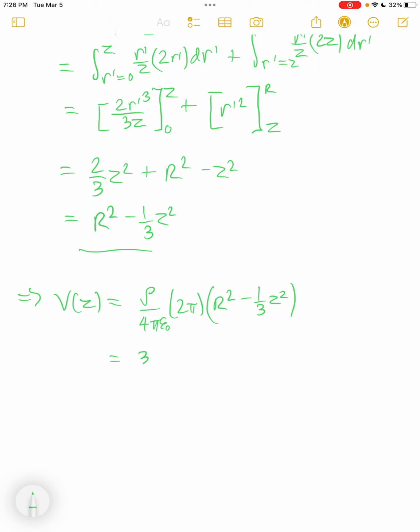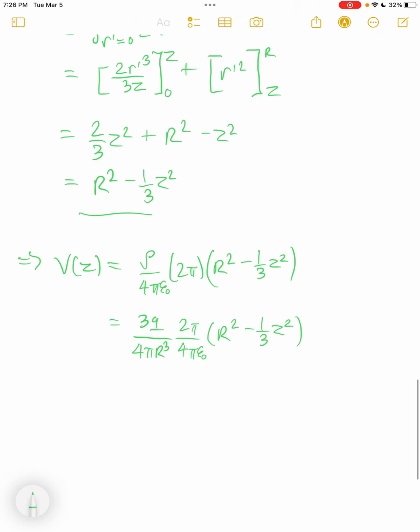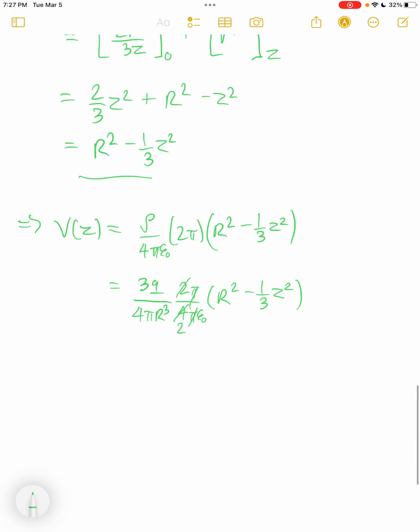We can write rho as 3Q over 4 pi big R cubed, times 2 pi over 4 pi epsilon naught, times R squared minus 1/3 z squared. And let's cancel these pi's. Let's cancel this. We have a 2 on the bottom. So we simplify to 3Q over 8 pi epsilon naught R cubed times R squared minus 1/3 z squared.